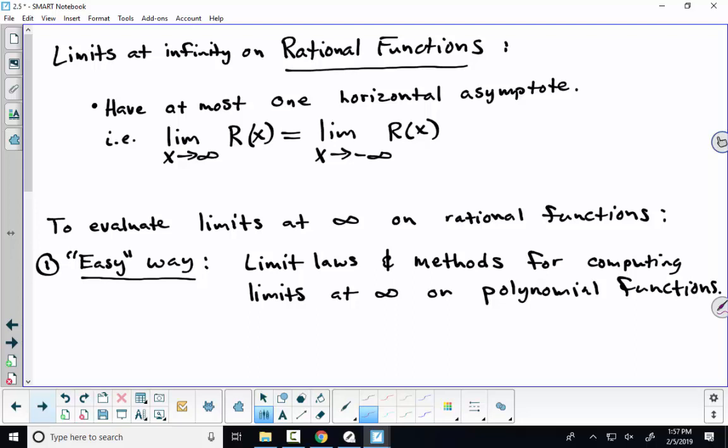Meaning that if it does have a horizontal asymptote, the limit at infinity and negative infinity are exactly the same for rational functions. We saw that this was not the case with polynomial functions. Specifically, if a polynomial had an odd degree, one arrow pointed up and the other pointed down, at infinity and negative infinity. But rational functions, if they do have a horizontal asymptote, both limits are equivalent.